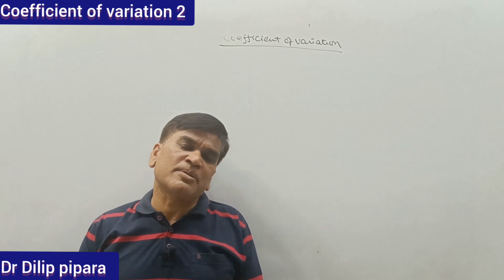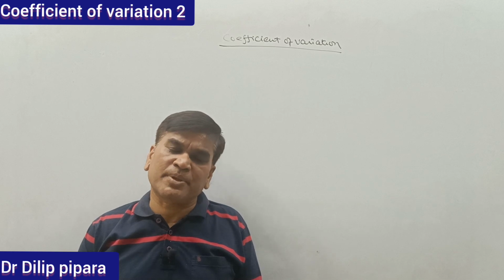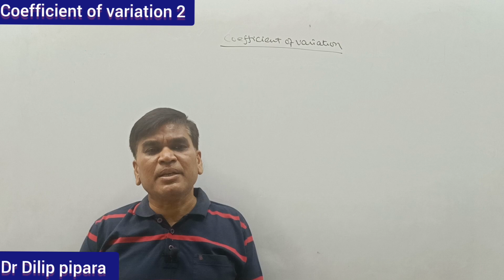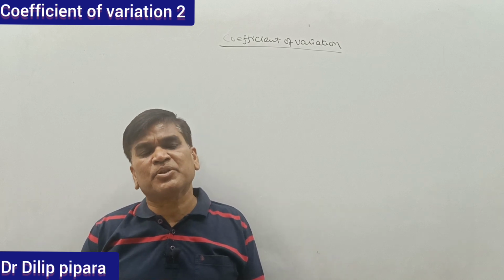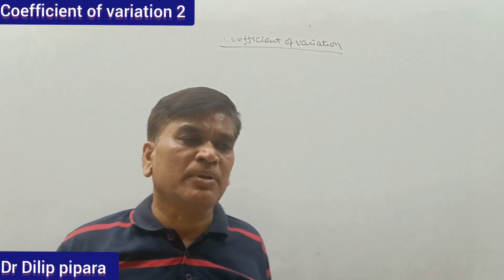In today's video we will also discuss the coefficient of variation in the case of a continuous series. We have an example: goals scored in a football match by two teams, 0 goal, 1 goal, 2 goal, 3 goal, 4 goal.